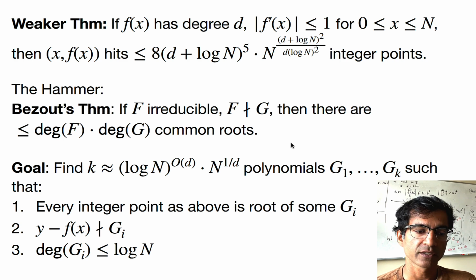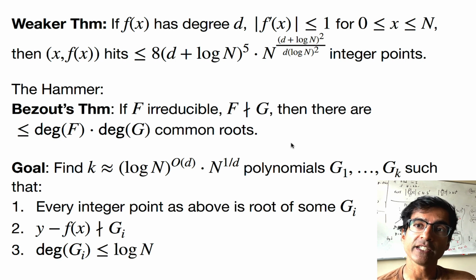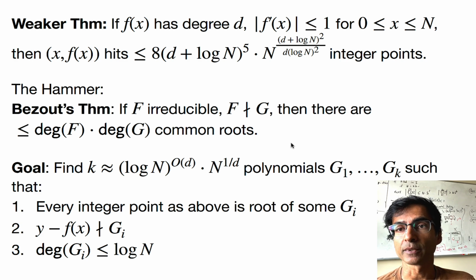And moreover, the polynomial y minus f(x) will not divide gi for any i. So we can apply Bezout's theorem, and Bezout's theorem will say that the number of integer points is bounded by the degree of y minus f(x) times the sum of the degrees of all the gi's. And all of these gi's will be of relatively low degree, roughly log n.